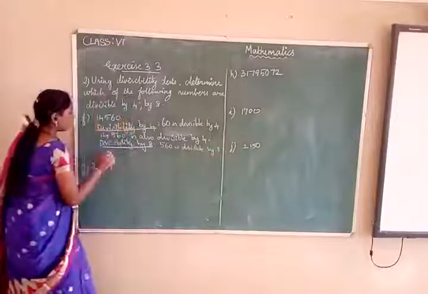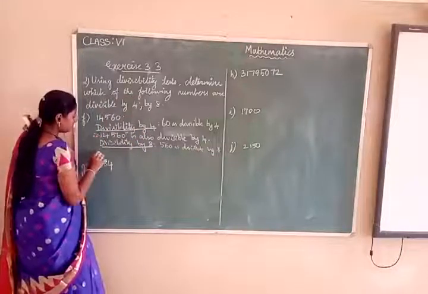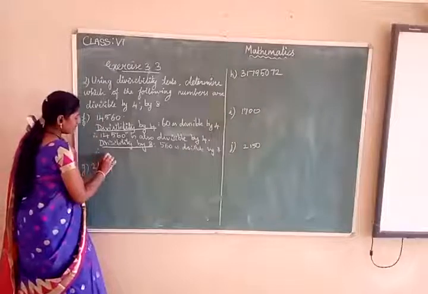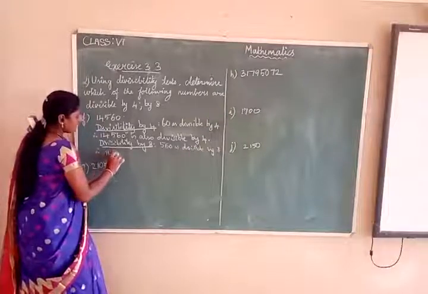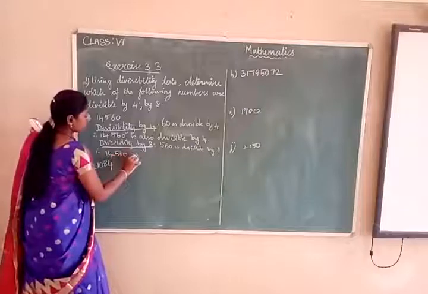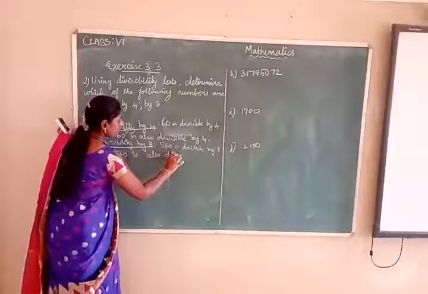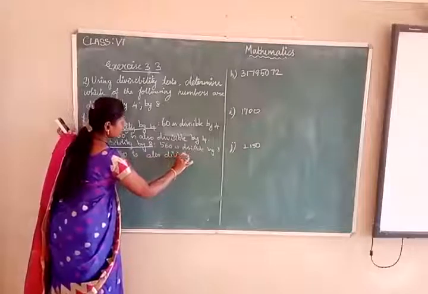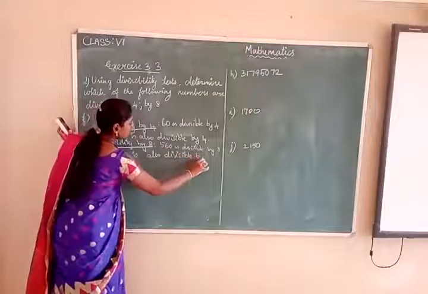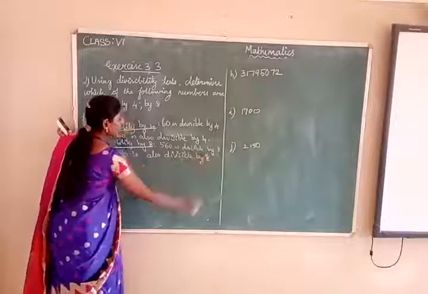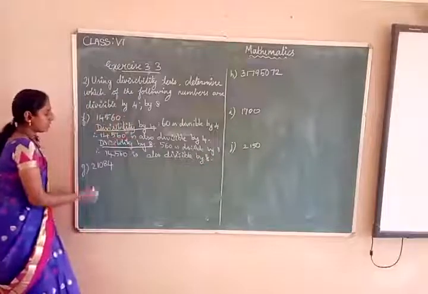So, we have, therefore, 14,560 is also divisible by 8. Clear? Okay, coming to the next question.